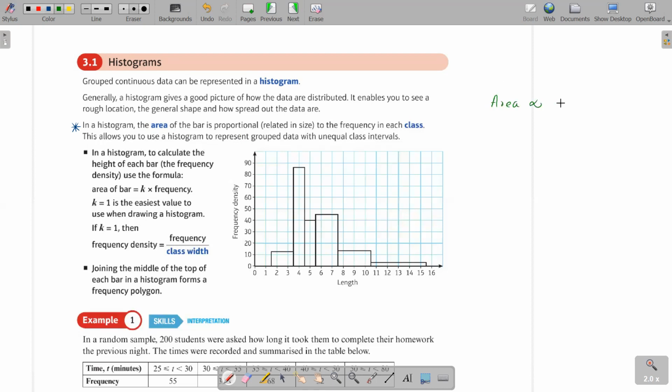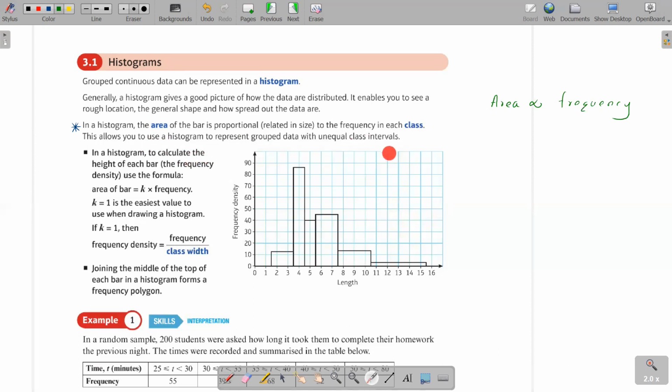In a histogram, the area of the bar is proportional to the frequency in each class. This is one of the main rules that we are going to use: the area of the bar is directly proportional to the frequency. This allows you to use a histogram to represent grouped data with unequal class intervals.